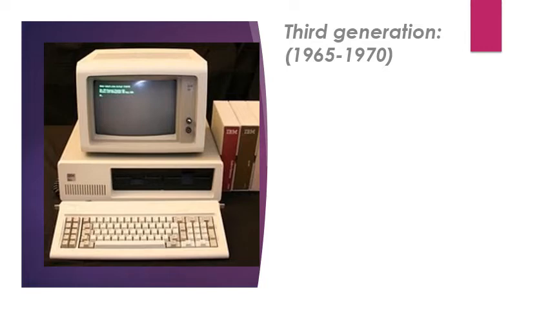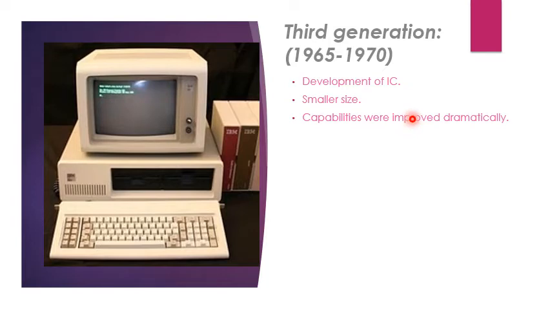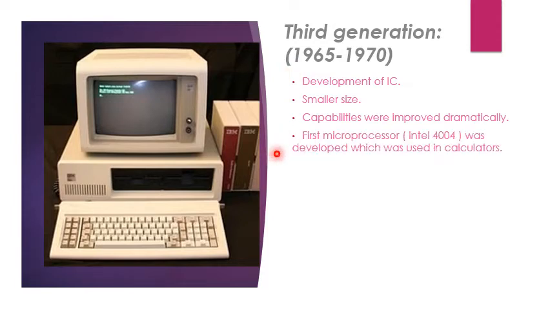In third generation there is a development of IC. What is IC? I'm going to tell you. They are smaller in size. Their capabilities are improved as compared to first and second generation. The very important and key point for the third generation computer is that the first microprocessor was used, which was previously used just in calculators.